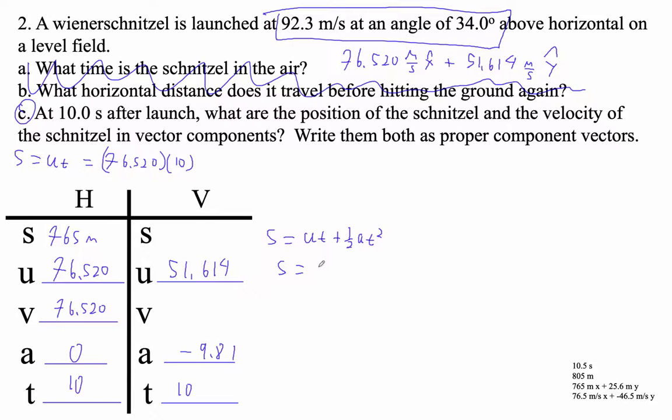So S is equal to 51.614 times 10 plus 1/2 times negative 9.81 times 10 squared. So I take that times 10 plus 0.5 times negative 9.81 times 10 squared.